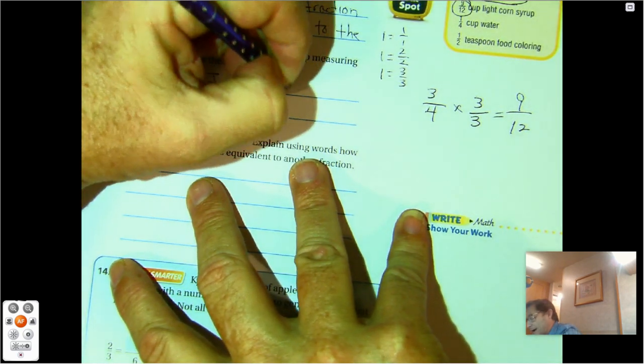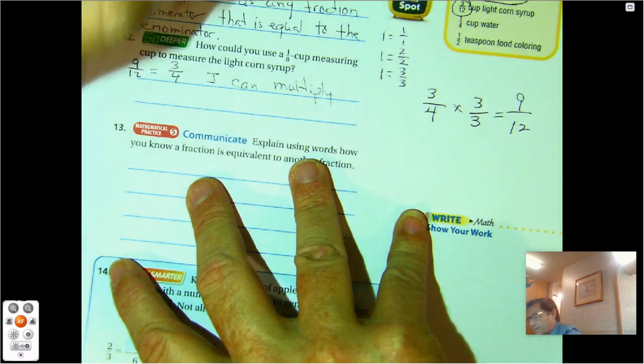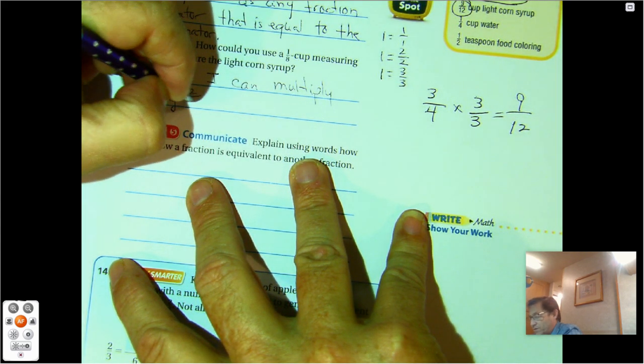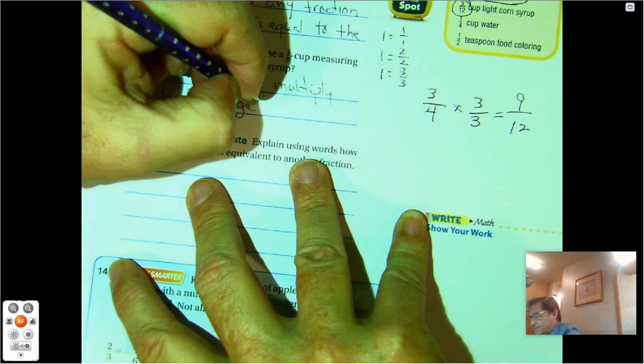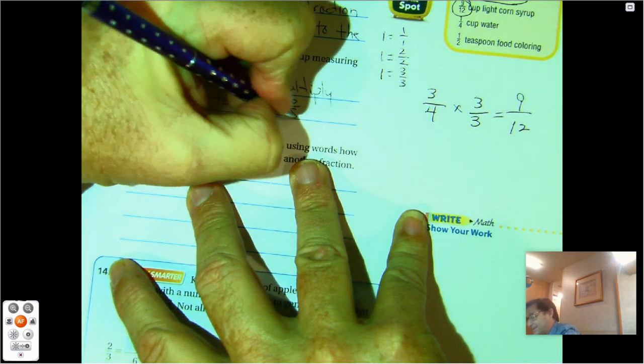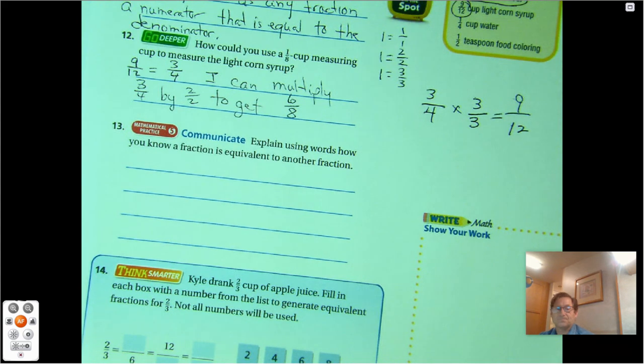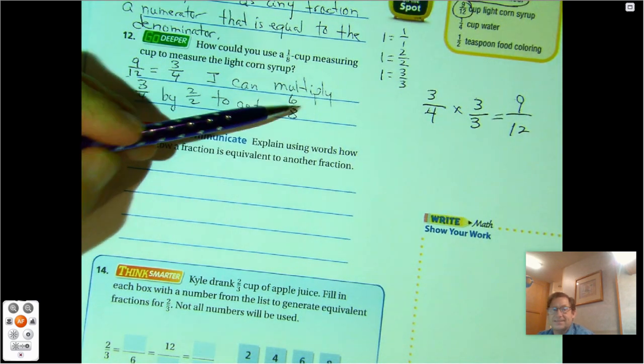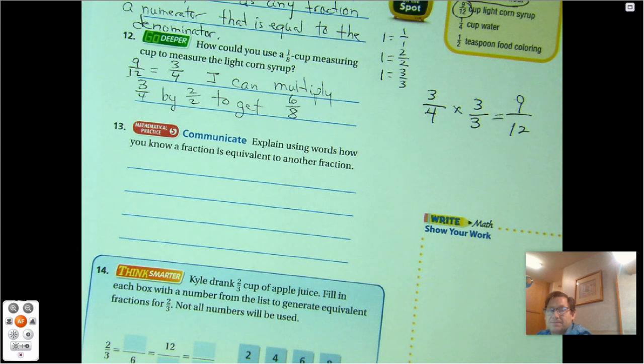I can multiply 3/4 by 2 over 2 to get 6/8. Okay, so if I had to get something that was 9/12, I would have to use 6/8 cups.